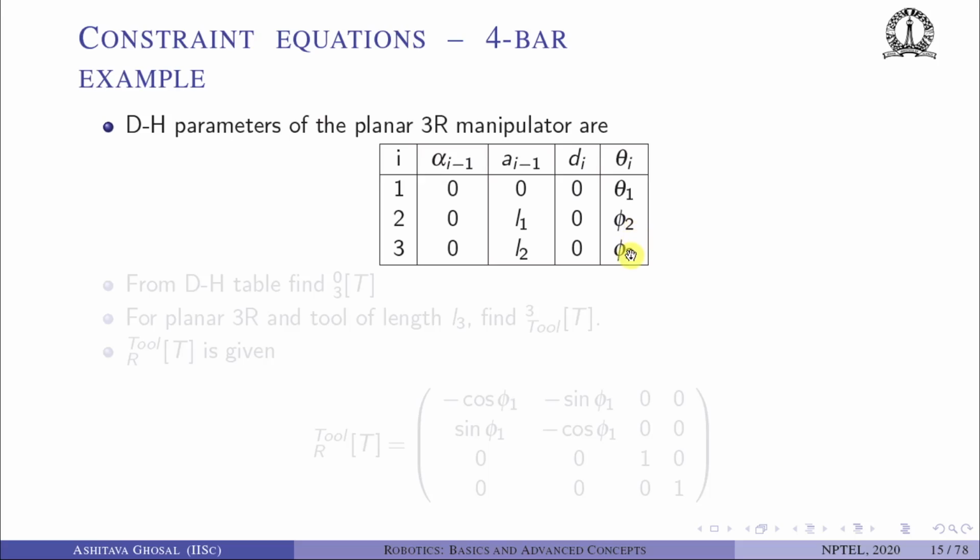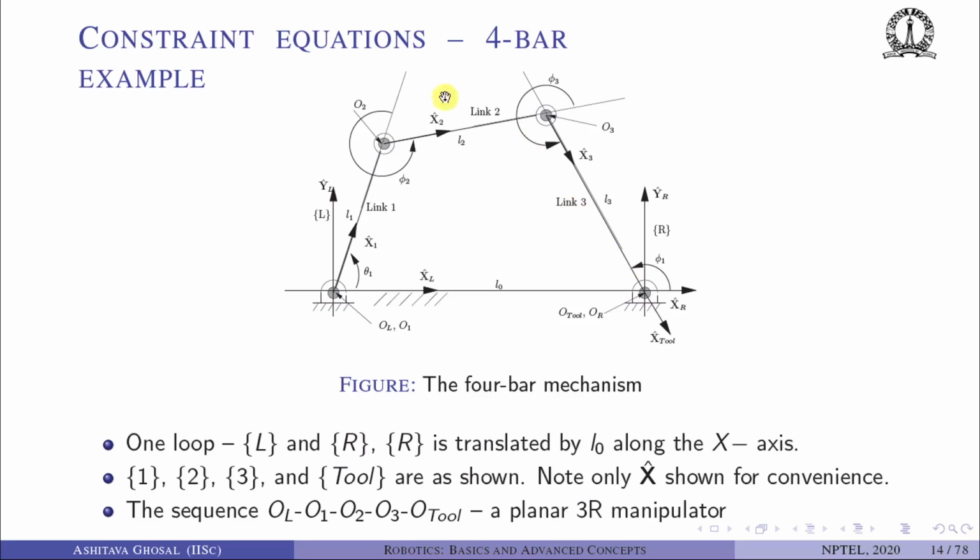We have theta 1, phi 2, phi 3. We are using different variable names. What is phi 2? Phi 2 is the angle between the x1 axis and the x2 axis, exactly the same as what we did for the DH parameters for any serial robot. Phi 3 is the angle between the x2 and the x3 axis. That is the way these angles are drawn in this figure.